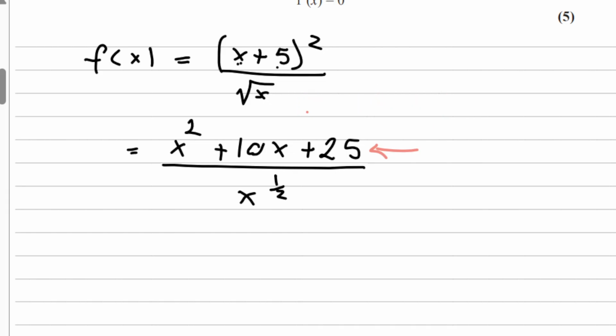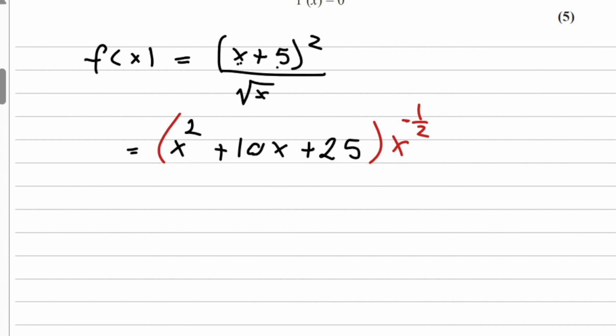So that's it. Now for x to the power of a half down here, why don't we move it up here and make it negative? We can write it up here as x to the power of negative a half. Now that's very good. What we can do now is multiply it into every single term.